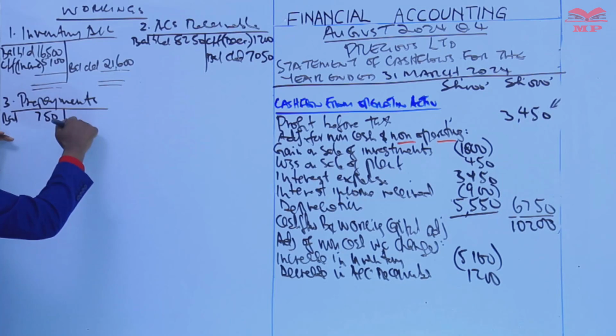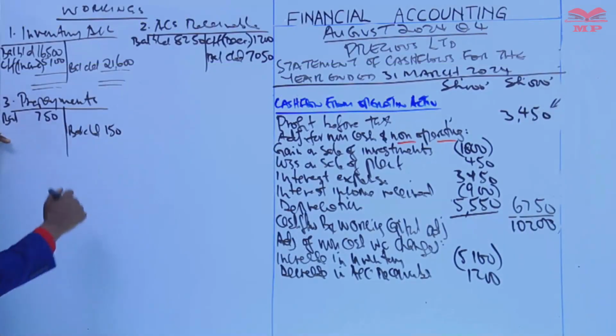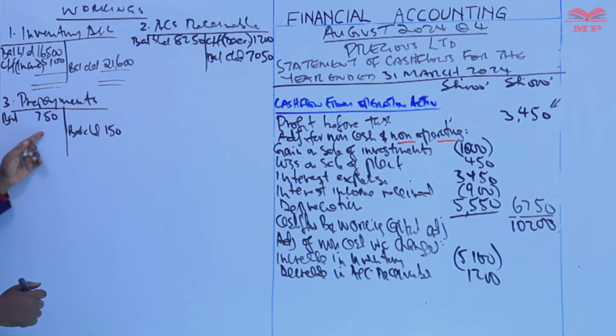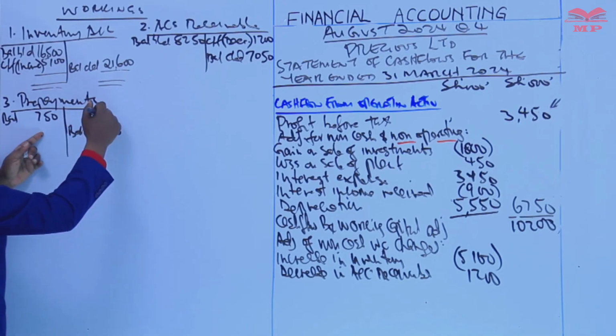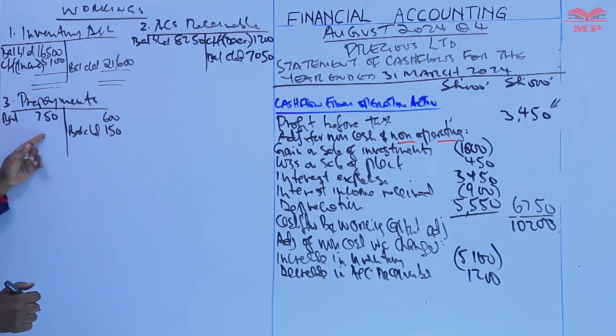At the end, the balance is prepayments 150. So the difference is 600. This is 600. It has gone down.